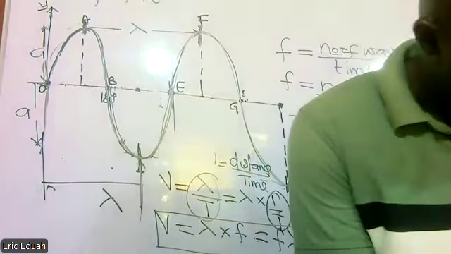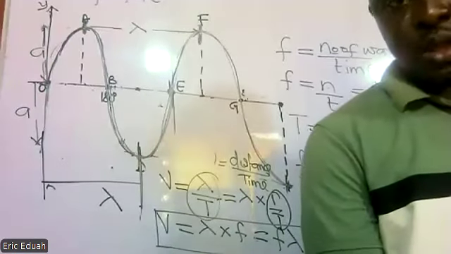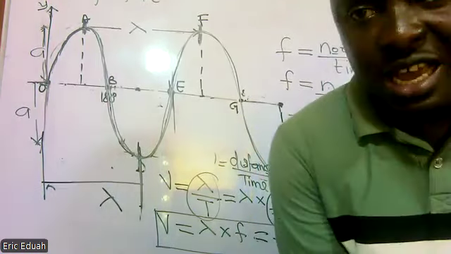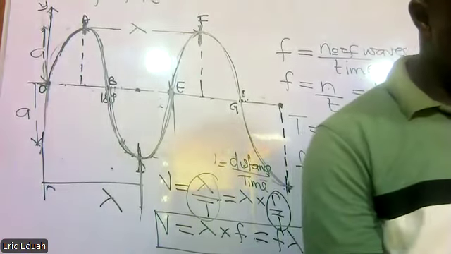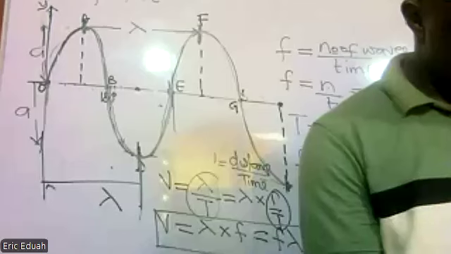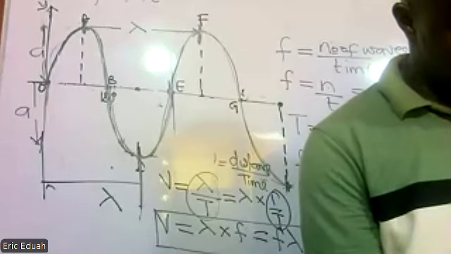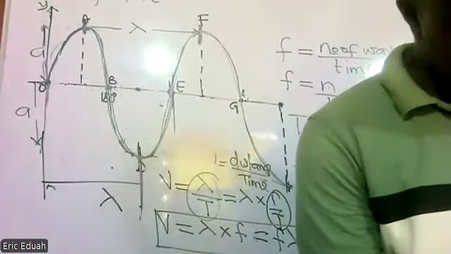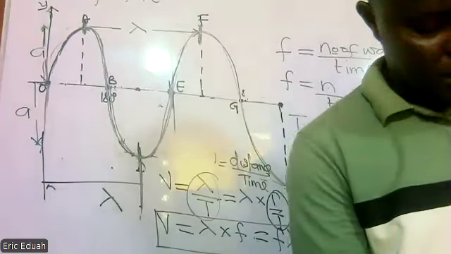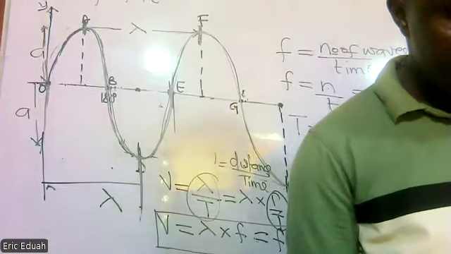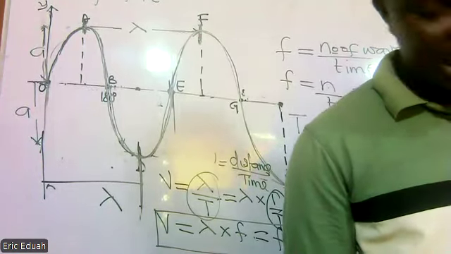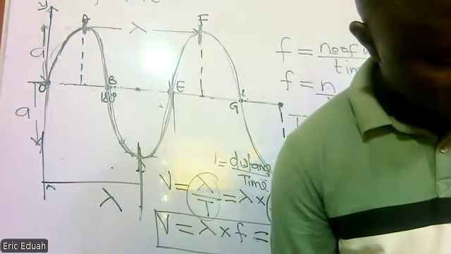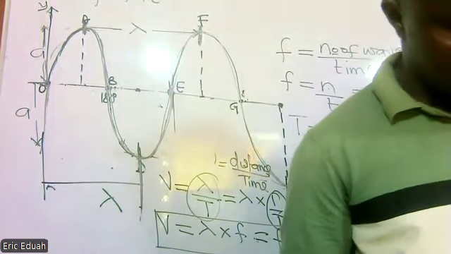If 10 cycles of the wave pass a fixed point in 1 second, calculate the speed of the wave.